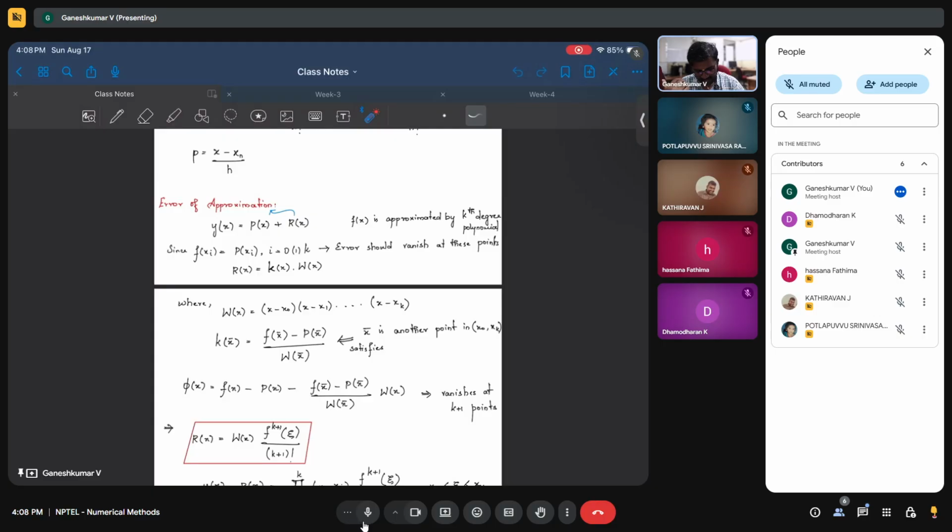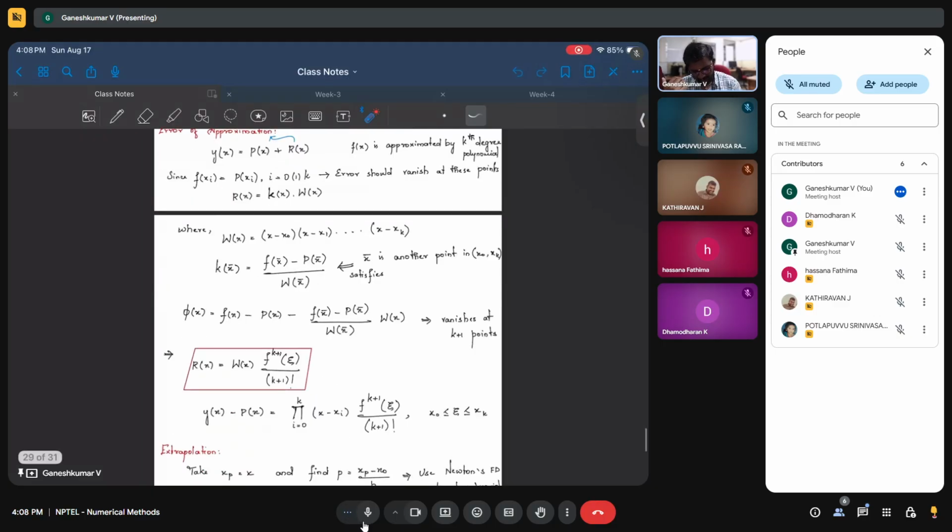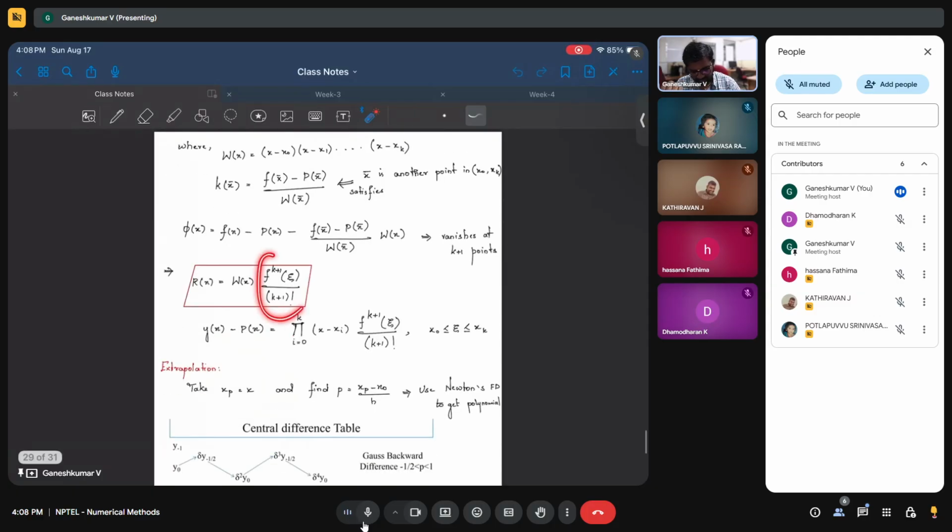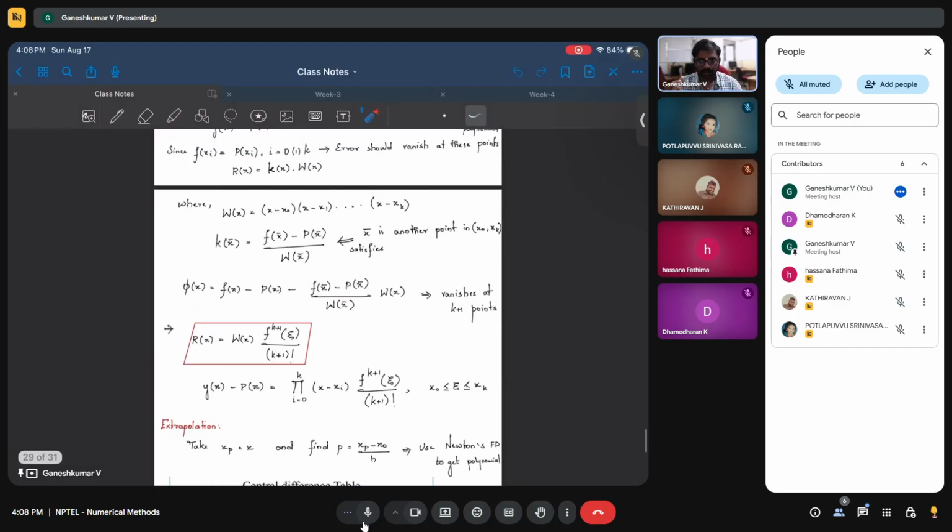That error you're trying to express in terms of two quantities. One is w and the other is another function. The reason to divide these two is that w will be associated only to the polynomial, only to the values in your data points, for example x minus x naught, x minus x1.